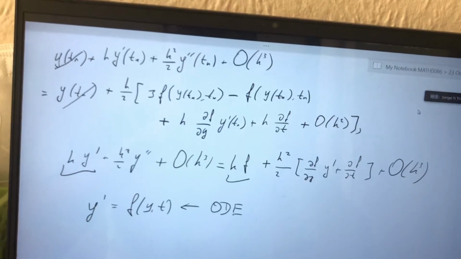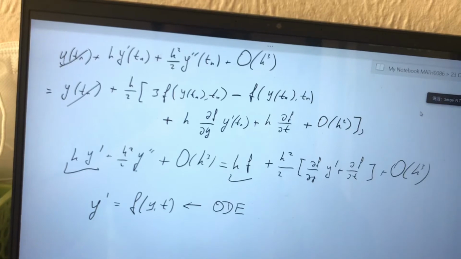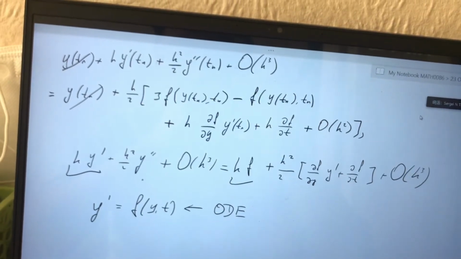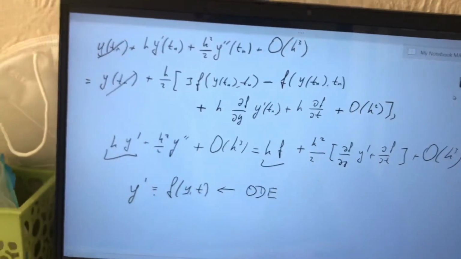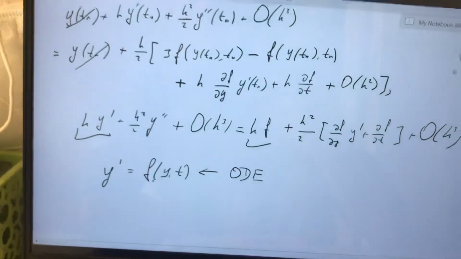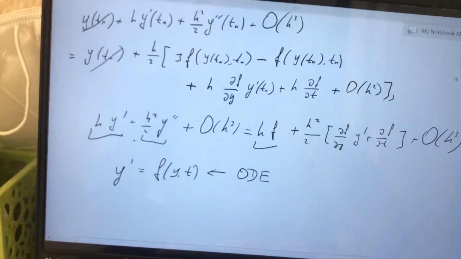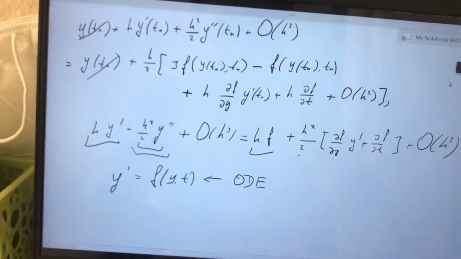Our calculation shows that to order h squared, our finite difference algorithm is consistent with the differential equation dy by dt equals f. But we can go one step further. Look at the h squared terms.